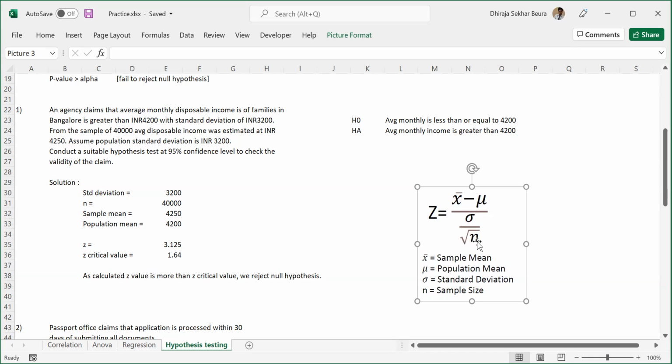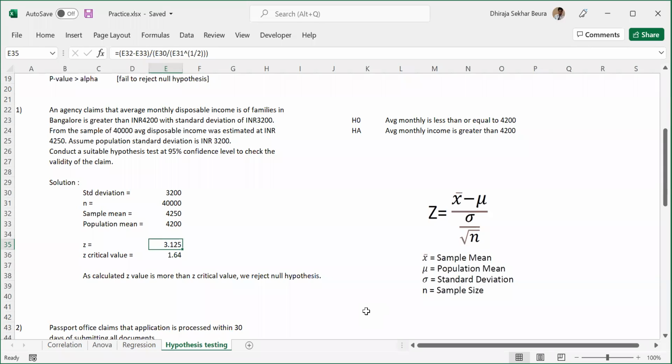Divided by standard deviation divided by root n. Standard deviation is how much given? 3,200. Then sample size is? Square root of 40,000, which is equal to 200. So you apply the formula, you get the value of Z as 3.125. Now, any questions, please?